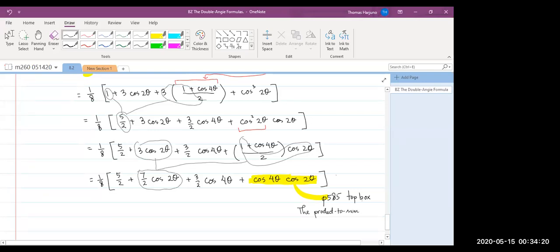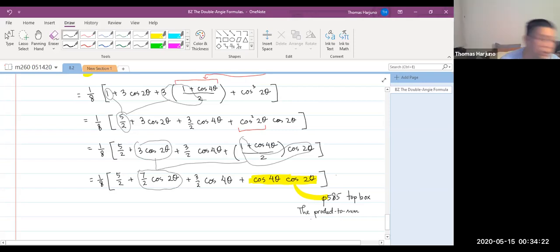Yes, the long ones. You will see product to sum formula part C. That's what I will use there later on.